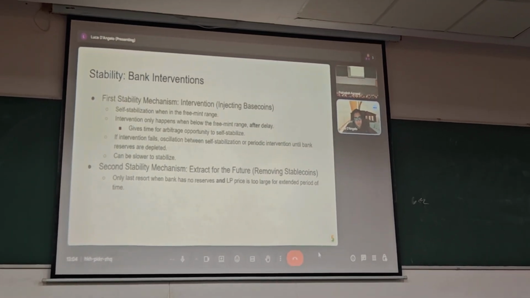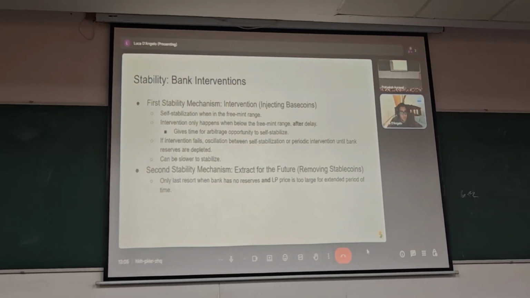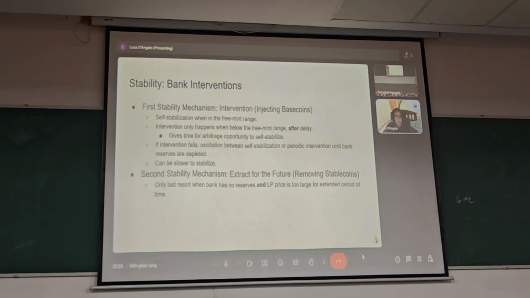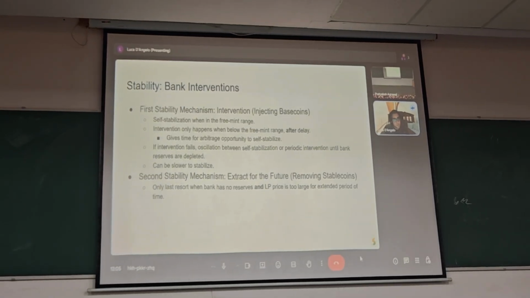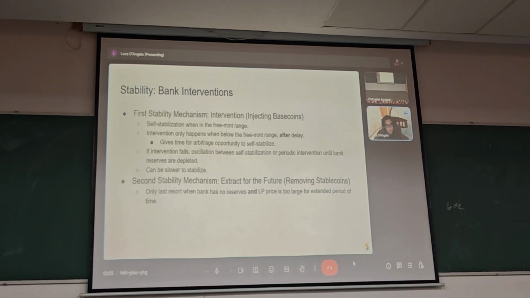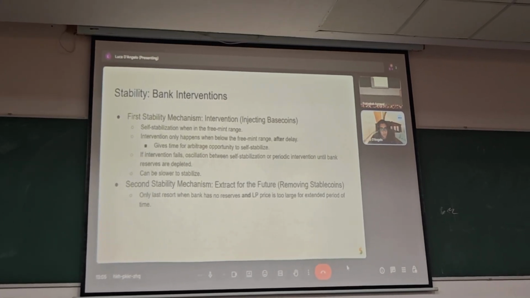So this would take a long time. The point is to make sure that reaching the second stability mechanism takes as long as possible. And if all that even fails, then you have this last resort, which is extracting funds from the LP.